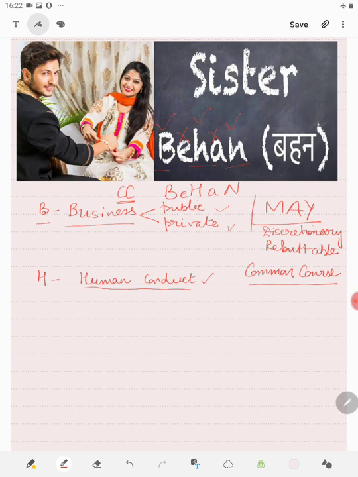The court may presume that that was his conduct. And this N is natural events. Whatever be the common course of natural events, or the way naturally a thing happens, the court may presume that it would have happened in that particular fashion.